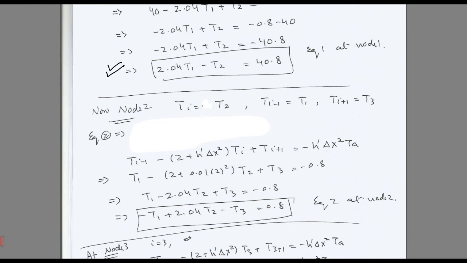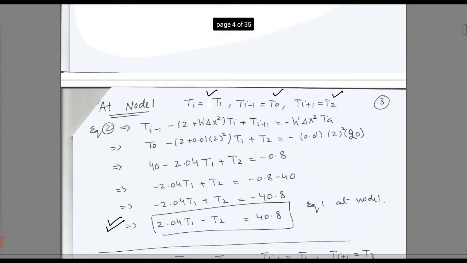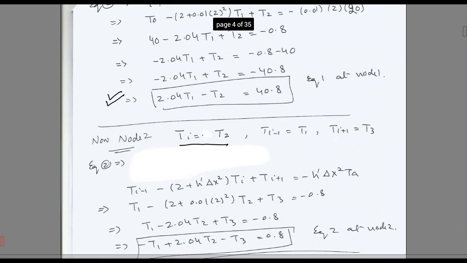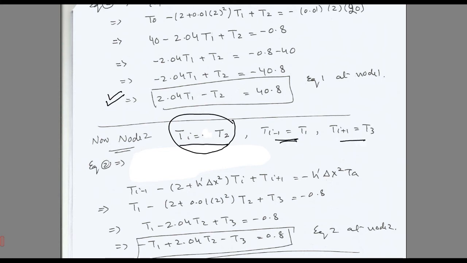So at node 2, Ti becomes T2. You see a shift in i. Previously it was 1 here, and now notice the Ti is T2, because we are now talking about the second node. Similarly, Ti minus 1 now becomes T1, and Ti plus 1 will become T3.